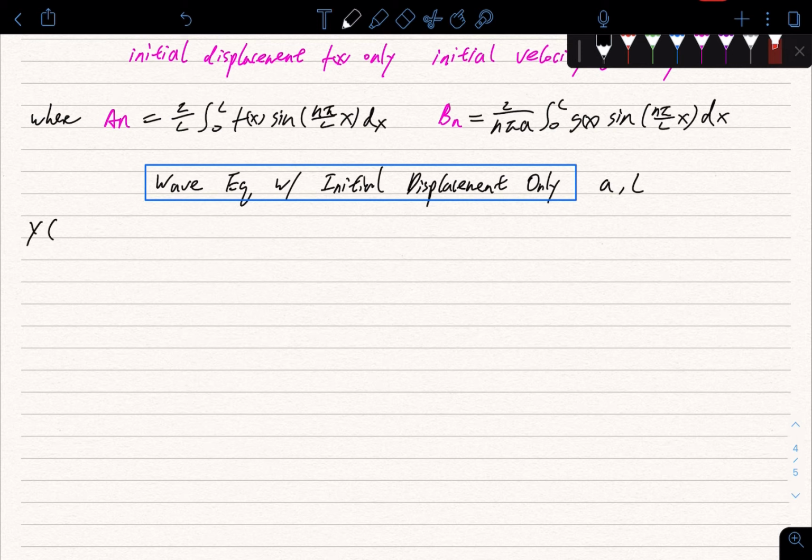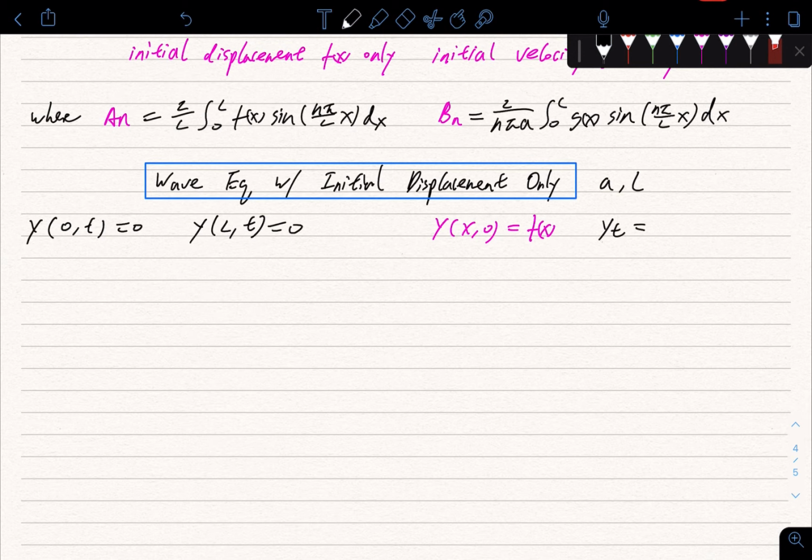Okay. So the boundary conditions for the wave equation with initial displacement only are that y of 0, t equals 0, and y of L, t equals 0, and then this is the key part, that y of x, 0 equals f of x, and then y t of x, 0 equals 0.